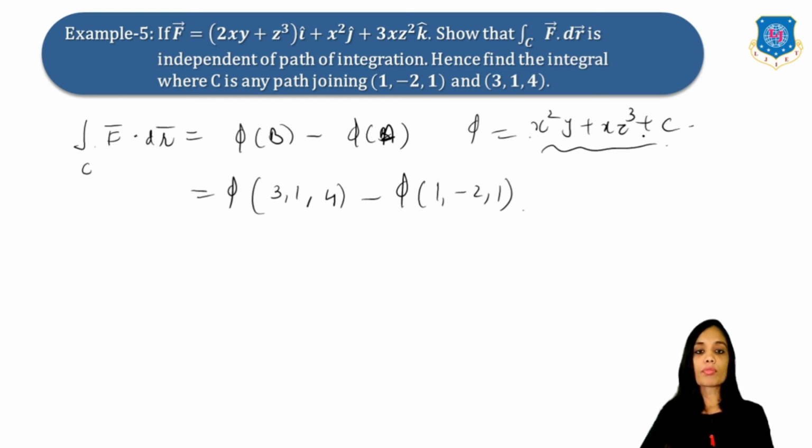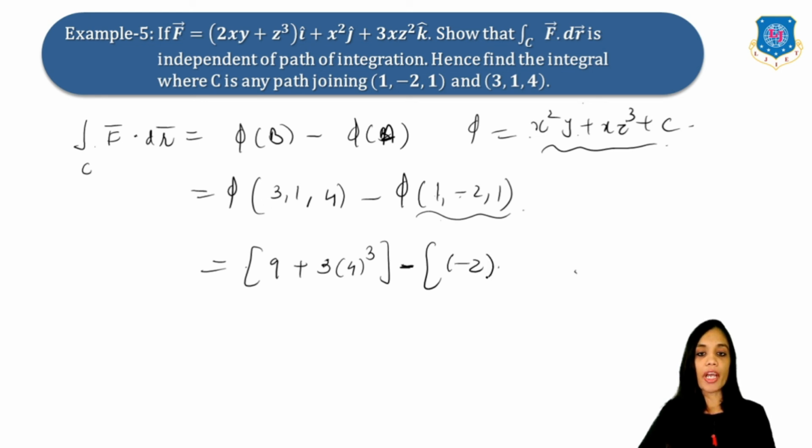So we just have to put the values of x, y and z. So our x is 3, so 9 into 1, so 9 plus, now 3 into 4^3, right? Minus. Now put these values: x is 1 and y is minus 2.